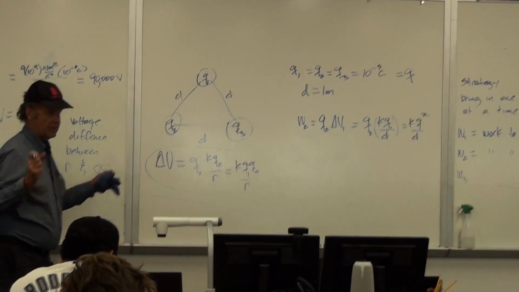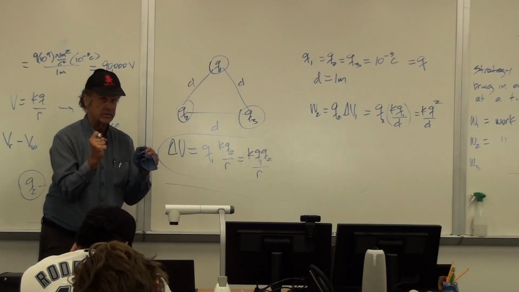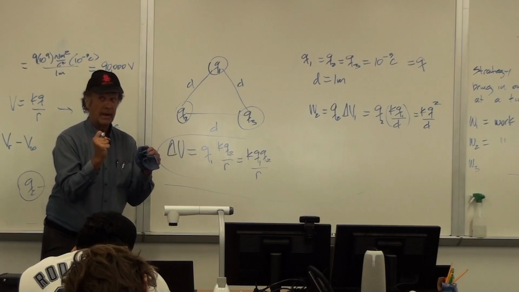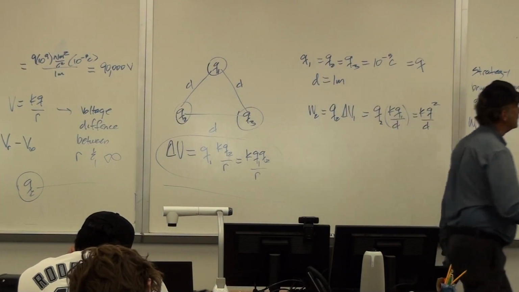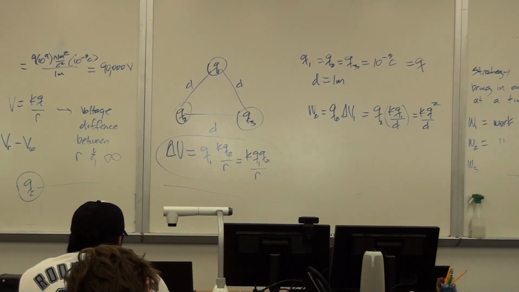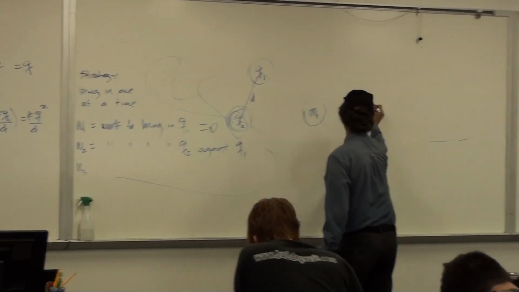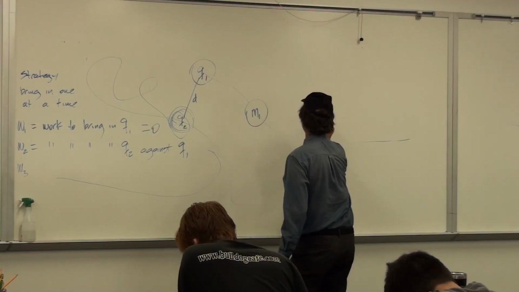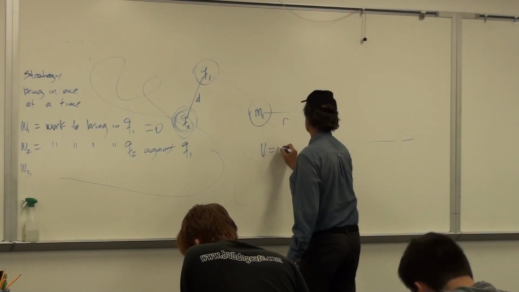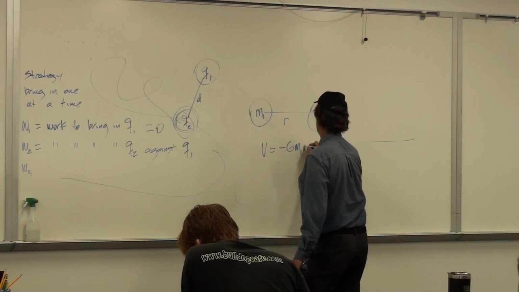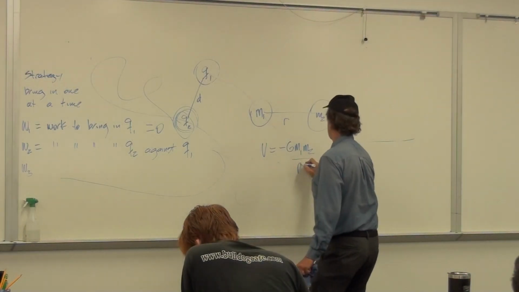So that's the potential energy of two charges that are at a certain distance away. We can look at that as being kind of analogous to what we had before with gravitational masses. You had a mass m1 and a mass m2. Then the potential energy between them, U, is equal to minus G m1 m2 over r.